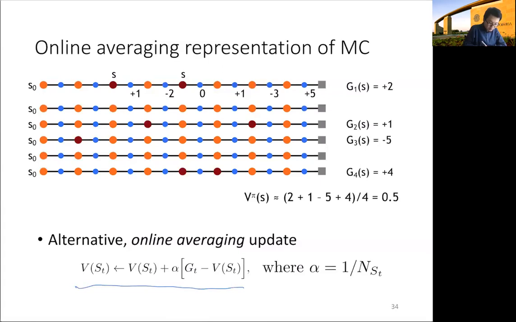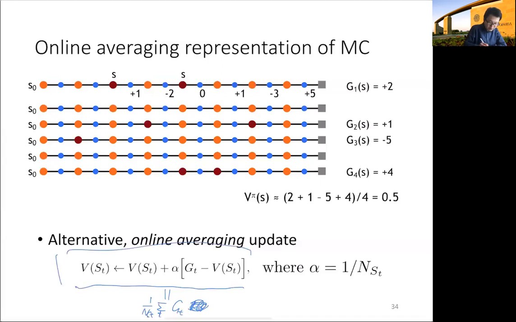Right, so this is really to ensure that V of S_T is equal to 1 over N of S_T, summed over all cases from previously, such that the starting point of this G_T is equal to S_T.